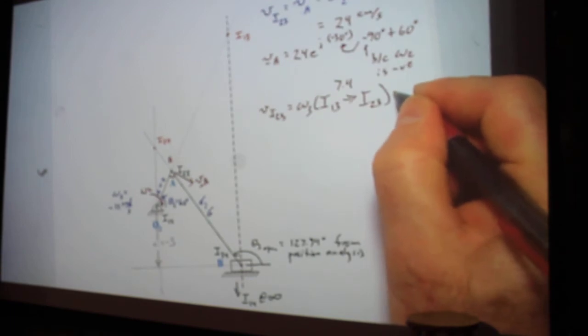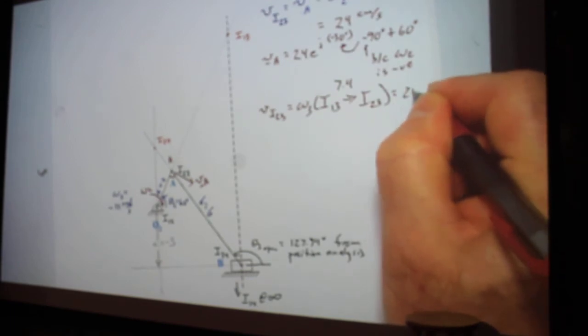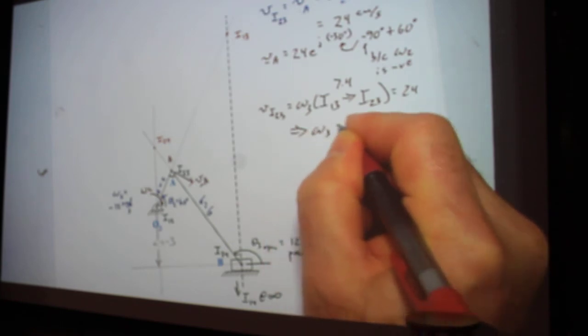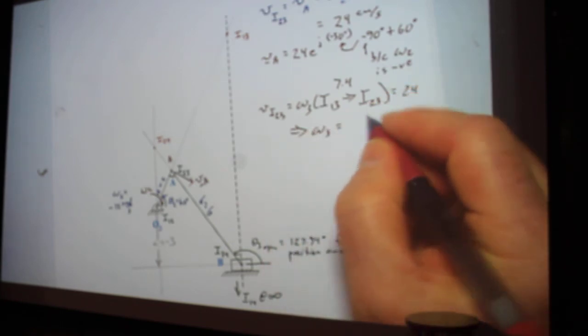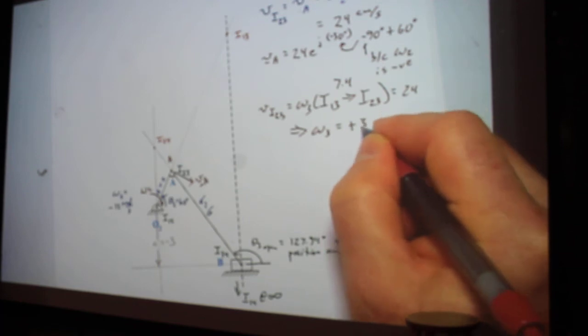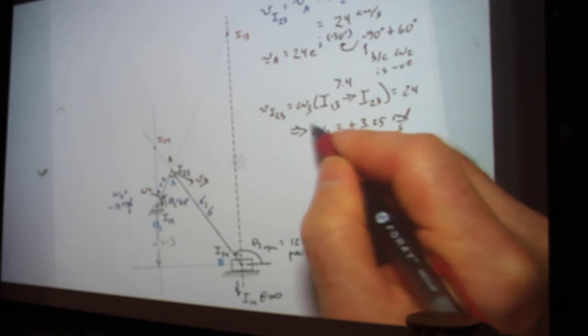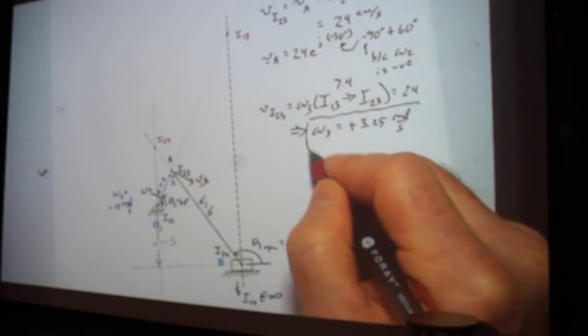I know that this thing equals 24, so that means my omega 3 equals plus 3.25 radians per second. So let me box some of these things.